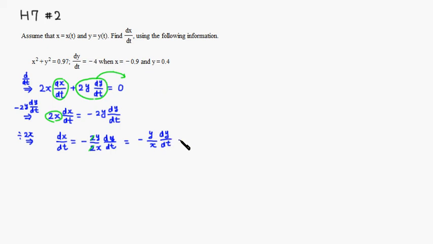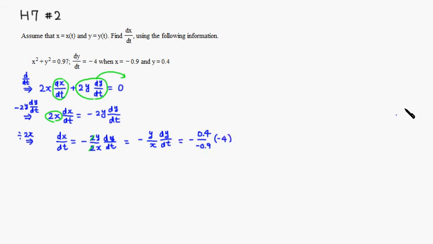So this is going to be equal to, you have a negative sign, y is given to be 0.4, so 0.4 over x, which is negative 0.9, and then dy over dt is negative 4.